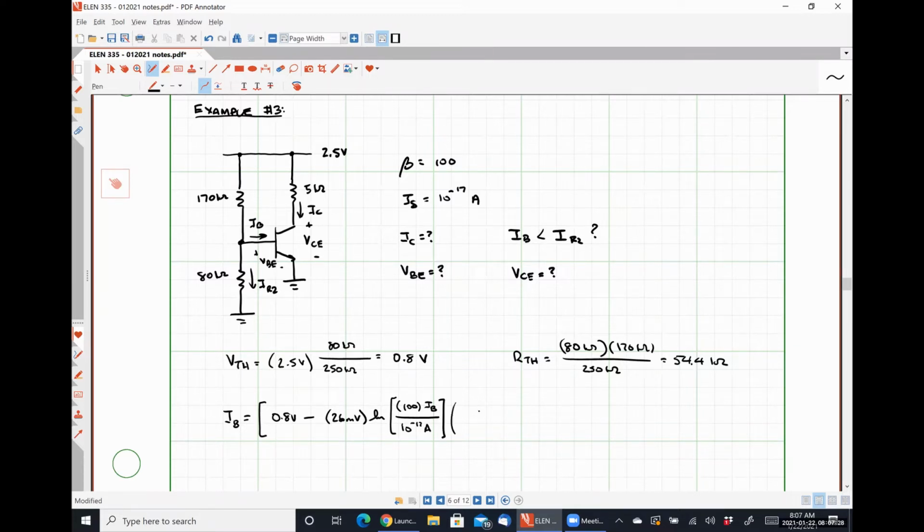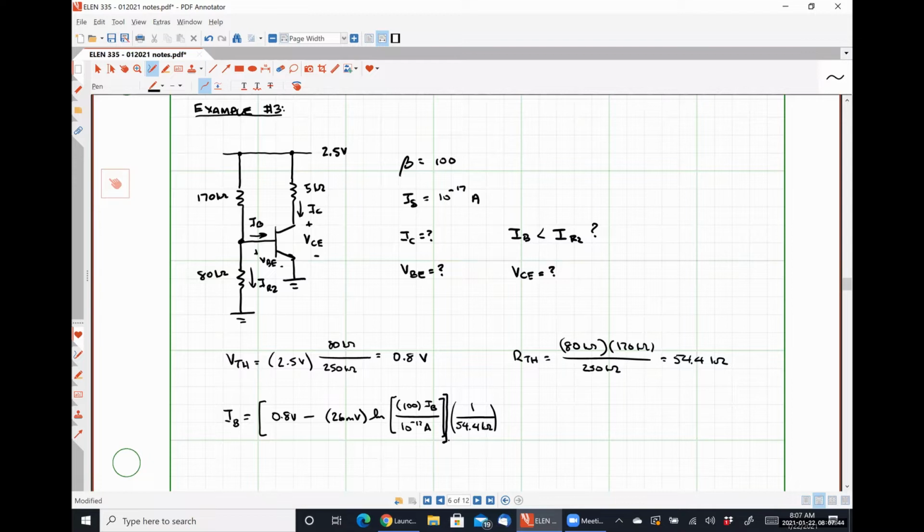This whole thing is multiplied by a factor of 1 over R Thevenin, or 1 over 54.4 kiloohms. Sorry, let me make sure I've got my brackets correct. So we have one equation and one unknown, where our unknown quantity is IB. Using my calculator to solve this, I got 0.624 microamperes.